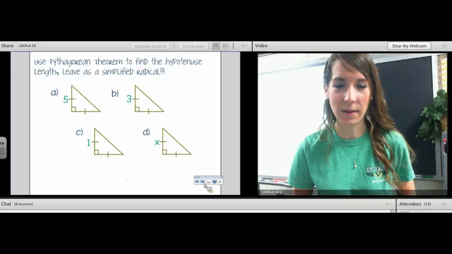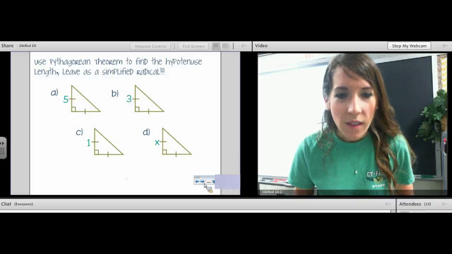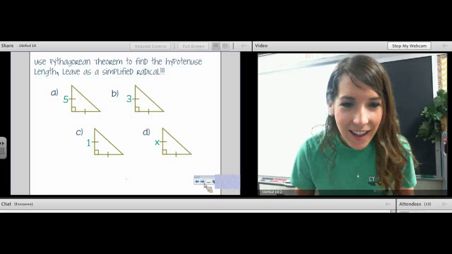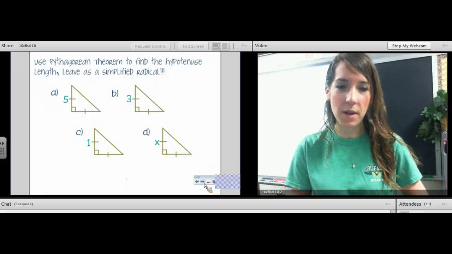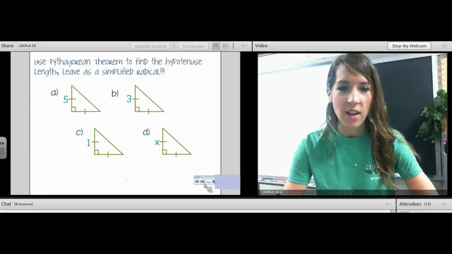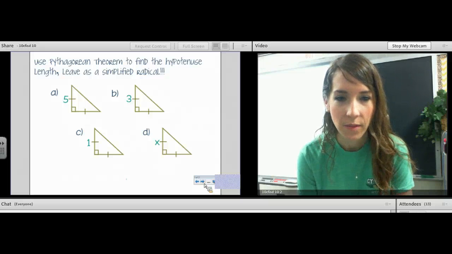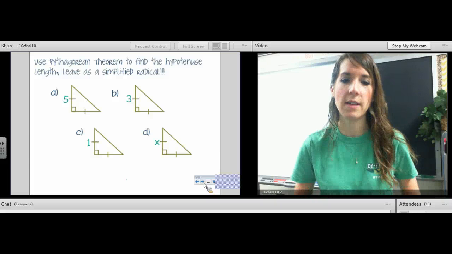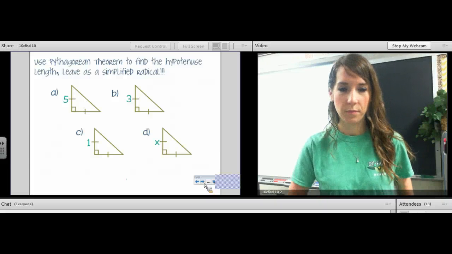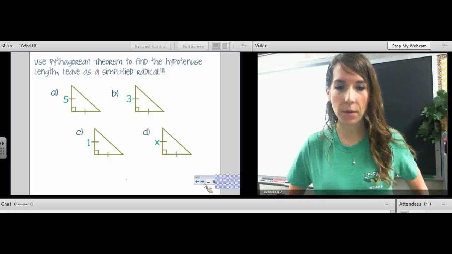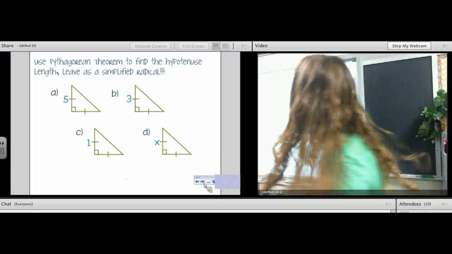Call it in the chat so we can make sure we have them all covered. George has C. A lot of people have A. There's going to be more than one person doing one. We need someone to grab B and someone to grab D. Okay, Albert's got D. Who's got B? Rose? Okay, Jenny? Okay. When you have your answer, please type it in the chat.